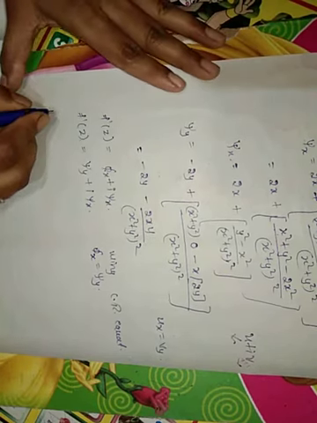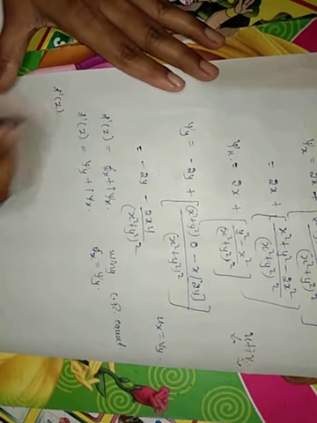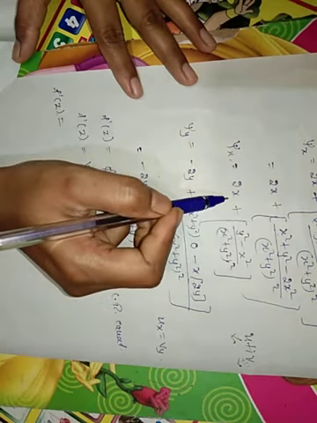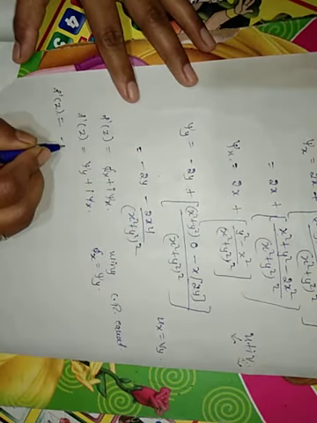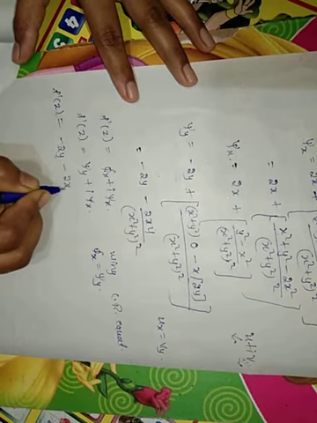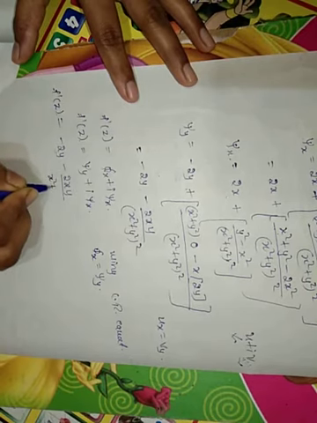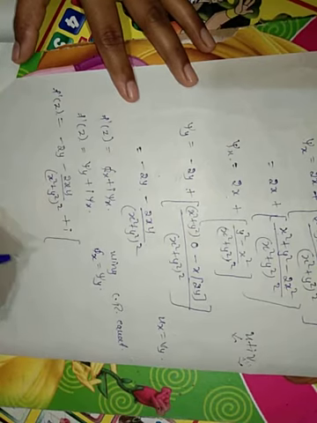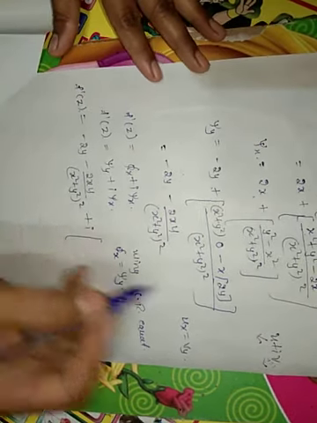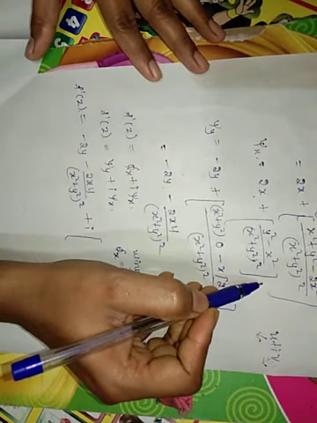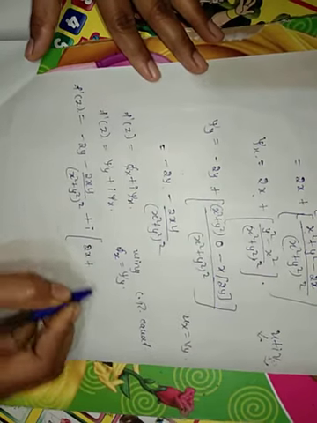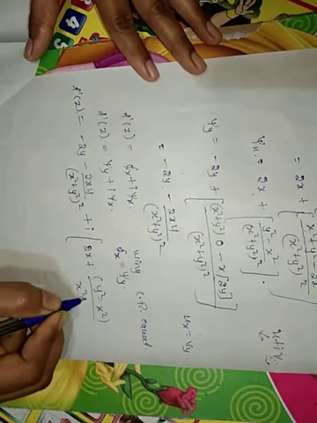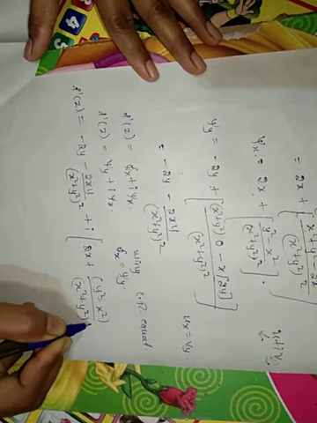So substitute the values here. f dash of z equal to, substituting phi x, which is xi y, equal to minus 2y minus 2xy divided by x square plus y square whole square, plus i into xi x equal to 2x plus y square minus x square divided by x square plus y square whole square.